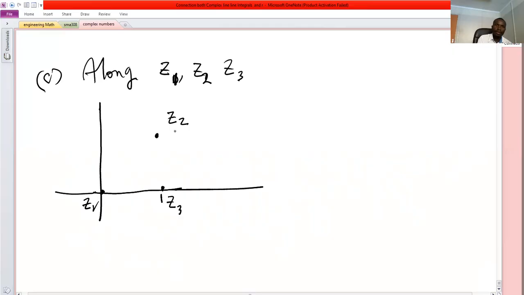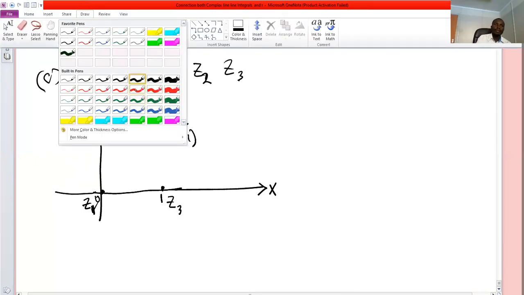So this point is 1, 1. This point is simply 0, 0. So this along the Y or the imaginary axis, is along the X or the real axis.